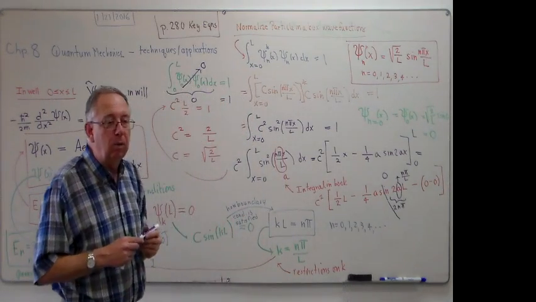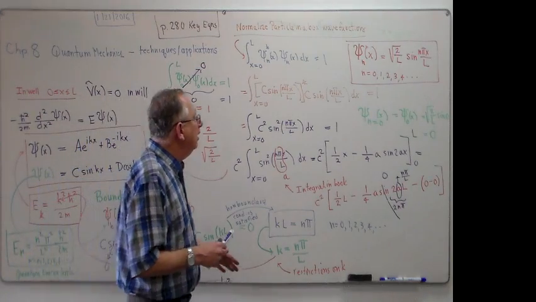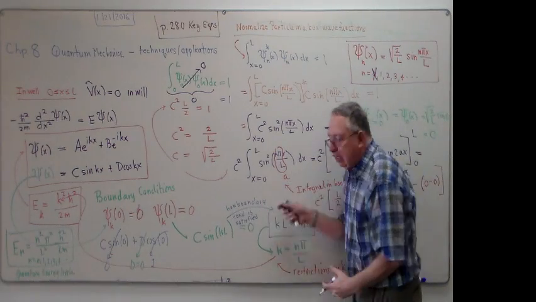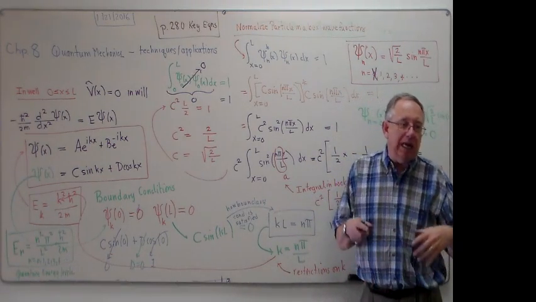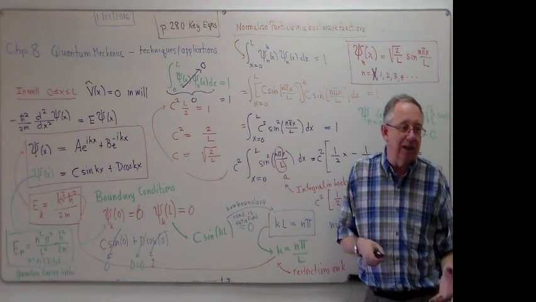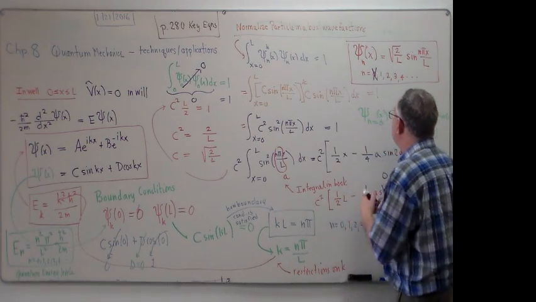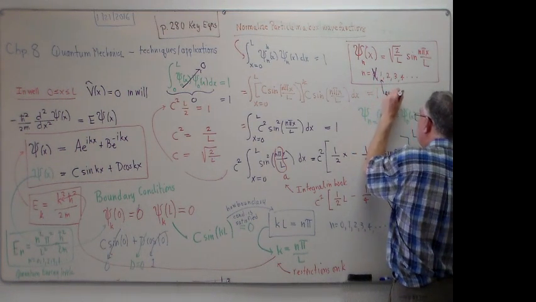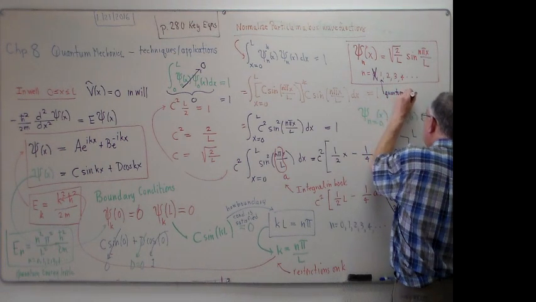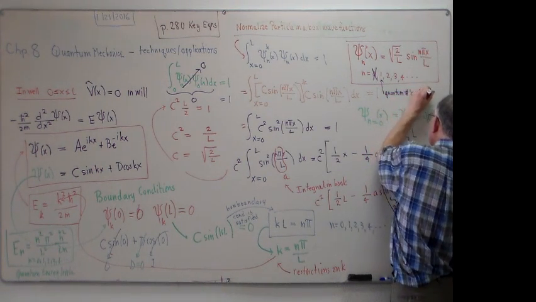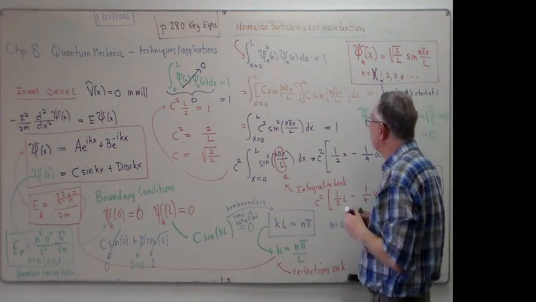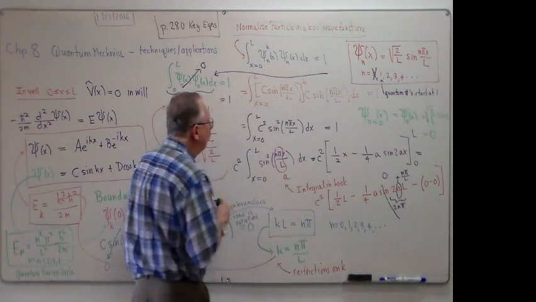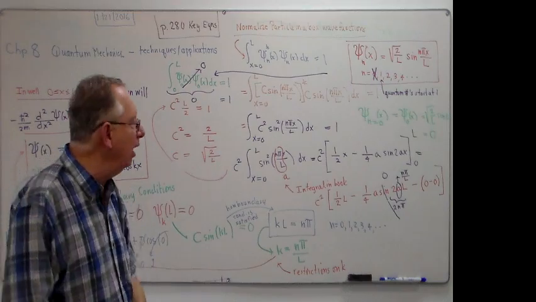Can 0 ever equal 1? No. It meets all the other conditions, but we cannot have 0 probability. And so for particle in a box, quantum numbers start at 1, because the wave has to give probability of being there.